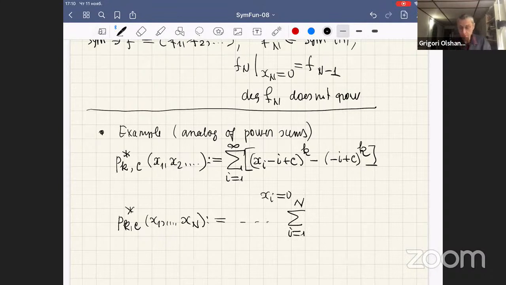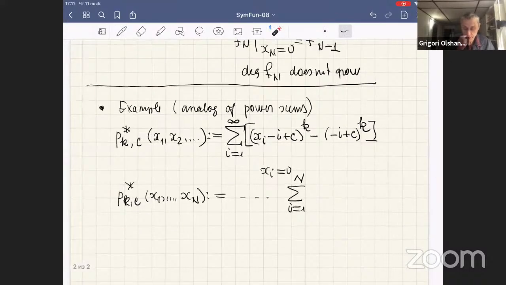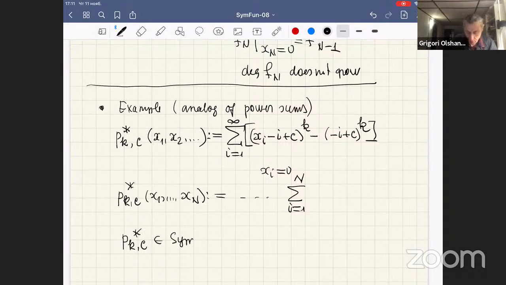And then we see that putting the last variable equal to 0, we get the similar polynomial, but in n minus 1 variables. So this is a well-defined element of our algebra.